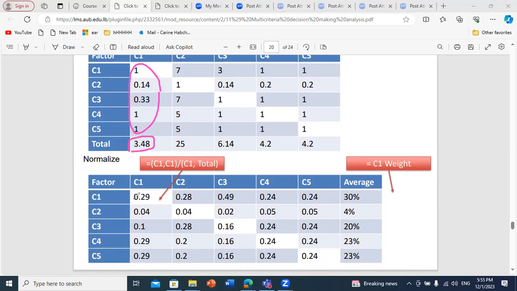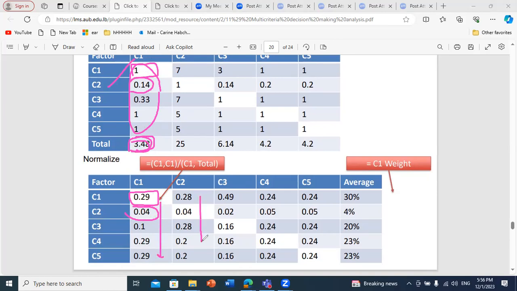In the new table, this element will be this one over the total, so it's C1 over C1 total. This element will be equal to C2 C1, which is 0.14, over the total, which is 3.48, etc. So I can fill this column.